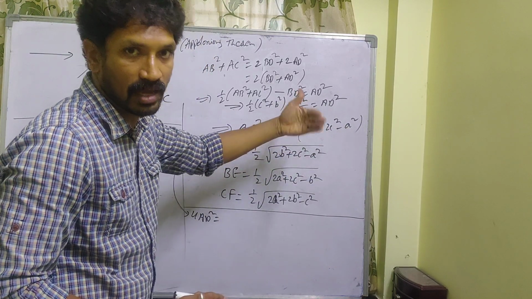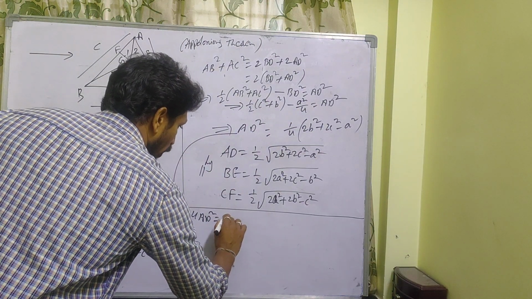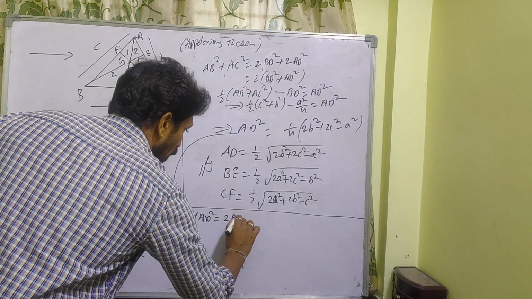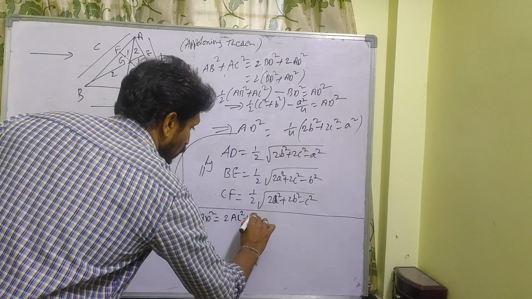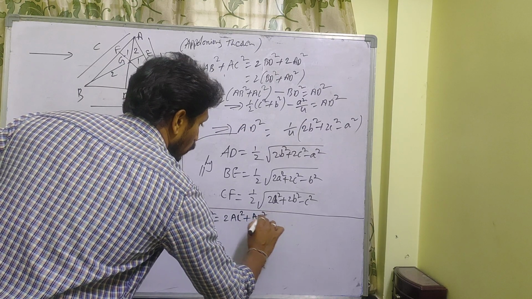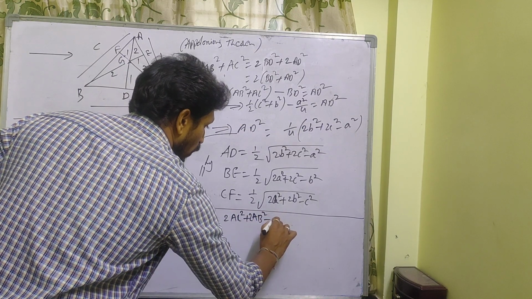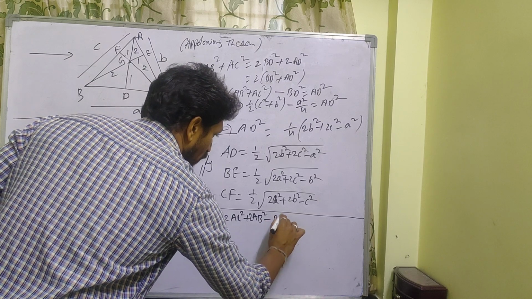So directly I am writing AB, BC, CA like that. So what can I write? 2 times AC square plus 2 times AB square minus A square, meaning BC square.